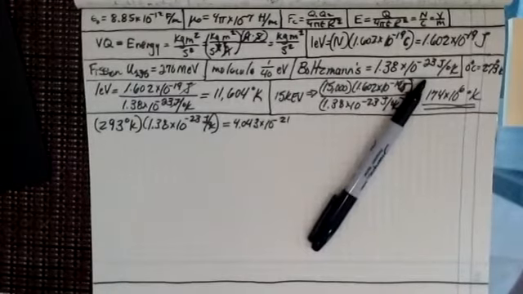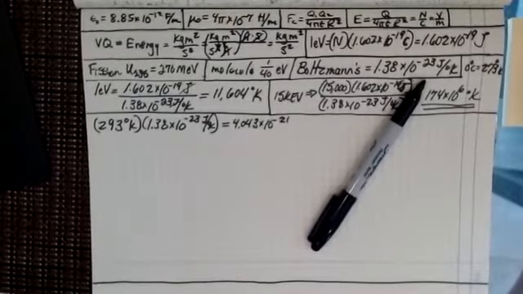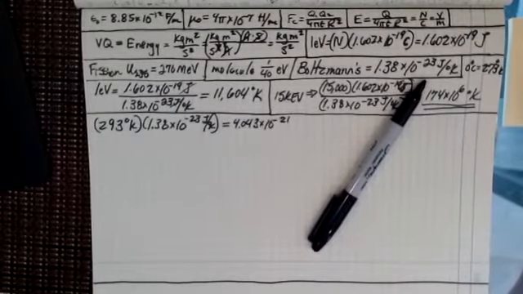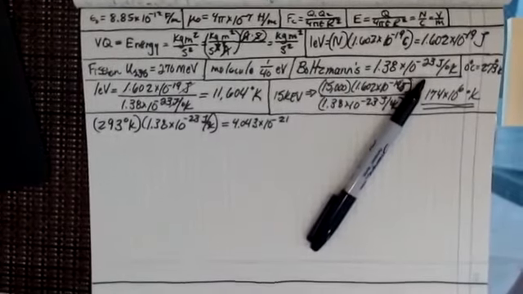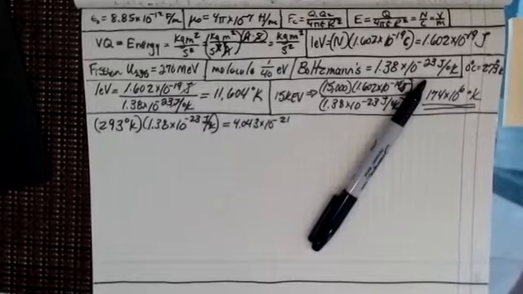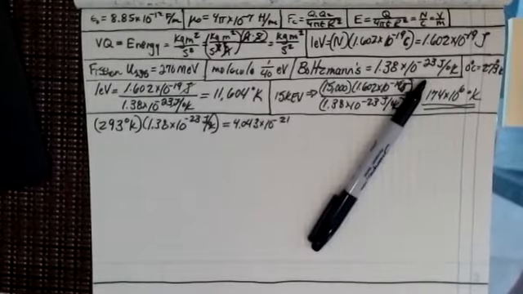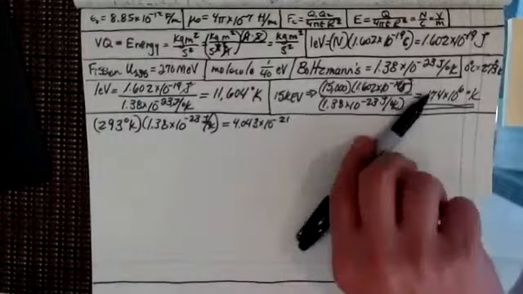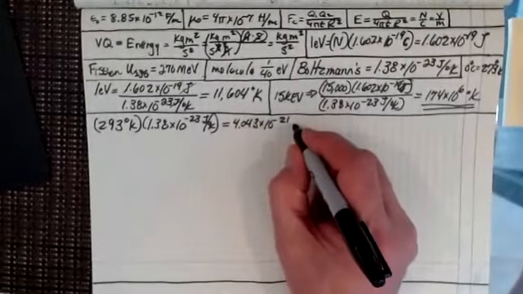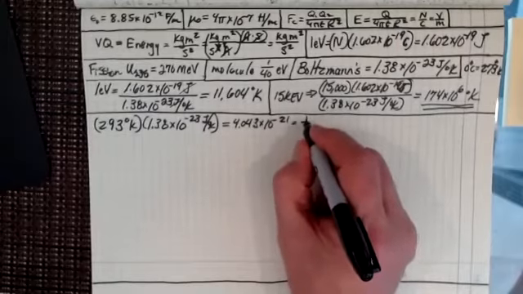And then when I divide that by 1.602 times 10 to the minus 19, oh, wait a second, sorry about that. 4.043 times 10 to the minus 21 divided by 1.602 times 10 to the minus 19, that gives me about 1/40th.